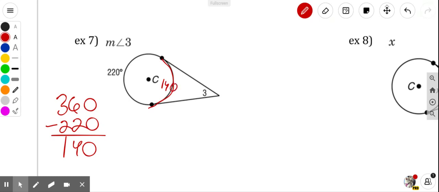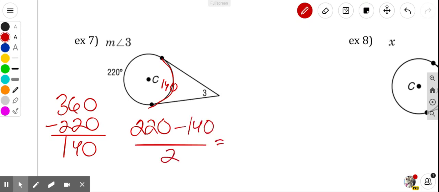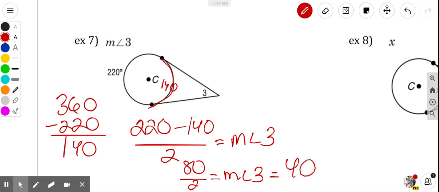So now that I know that one, now I can use the theorem. So I can do 220 minus 140 divided by 2, and that would give me the measure of angle 3. So that's going to be 80 over 2 equals measure of angle 3, which ends up being 40 again. That's just a coincidence here, but angle 3 would be 40.